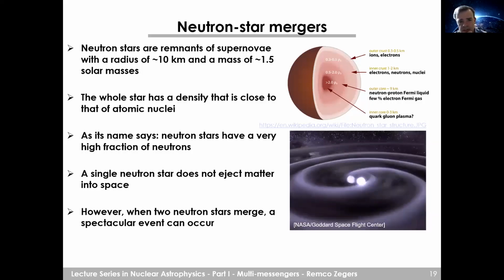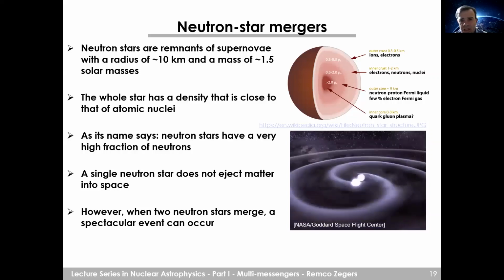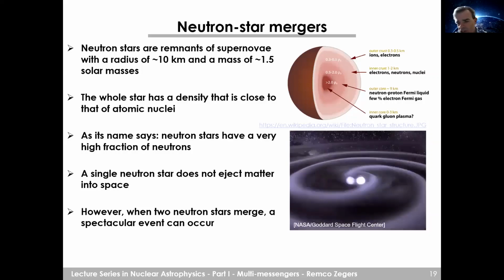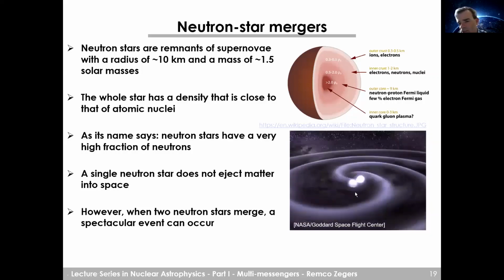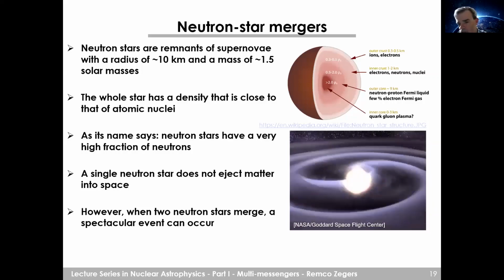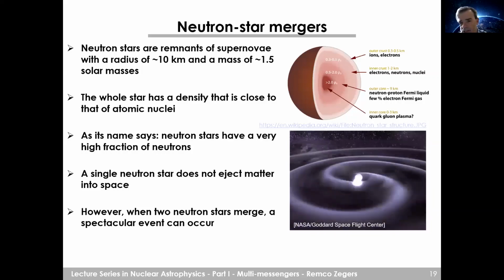That's why it's called a neutron star. A single neutron star by itself does not eject matter in space. However, when the two neutron stars merge, as shown on this little animation on the right here, you can have a spectacular event, and this is where nucleosynthesis can occur. The two neutron stars circle in onto each other and eventually merge.